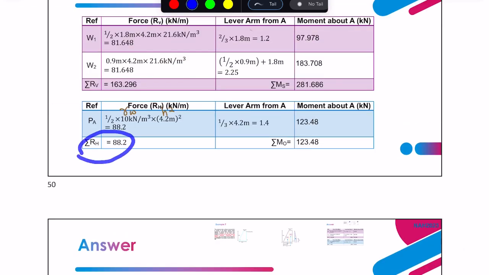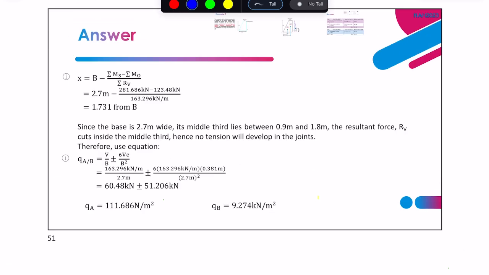Total up kan, the total RH and the total overturning moment. Kita nak start kira the stability calculation. But before that, we need to find the value of X because kita nak tahu di mana position of the ground reaction. Using the formula B minus total stabilizing moment tolak total overturning moment divide with total RV.